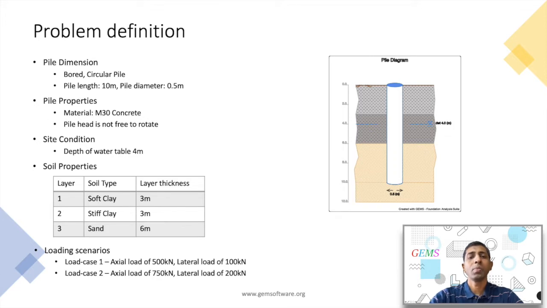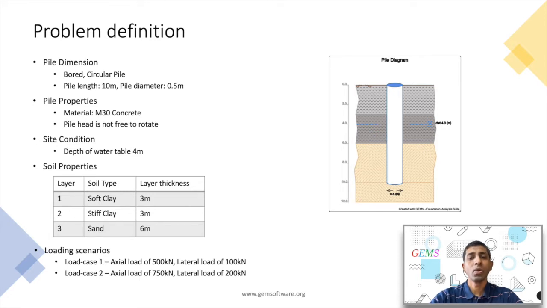We will use some typical properties for each layer for the sake of this demo. These would normally come from the soil investigation report. We will use API 2011 as the method for axial and lateral analysis for each of the soil layers.